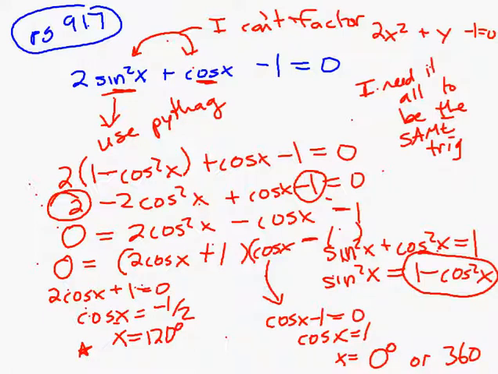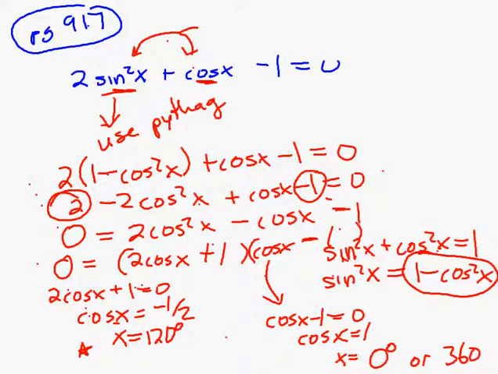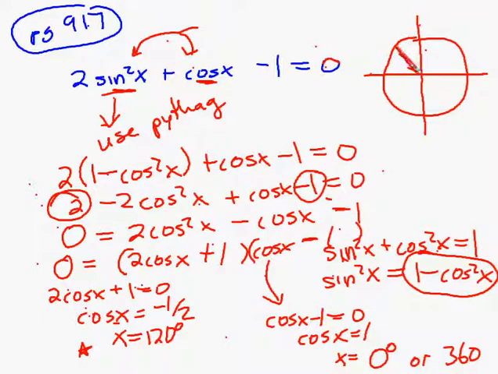I'm going to erase the top. So I erase this little bit right here. I'll erase that little bit as well. So here's my unit circle. I'm thinking, where's cosine negative? Well, cosine is negative in quadrants 2 and 3. And the angle that I'm looking for is this one and this one.